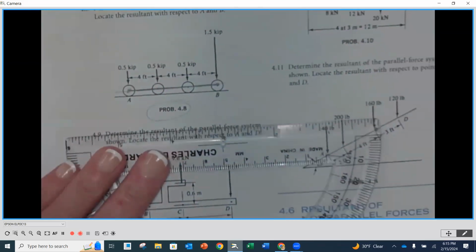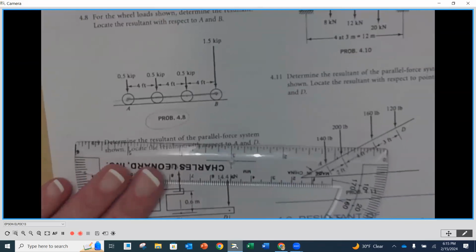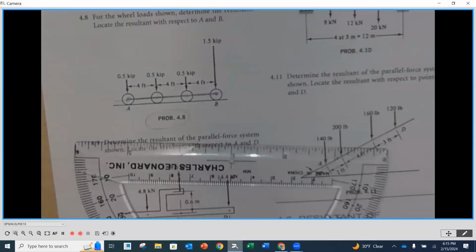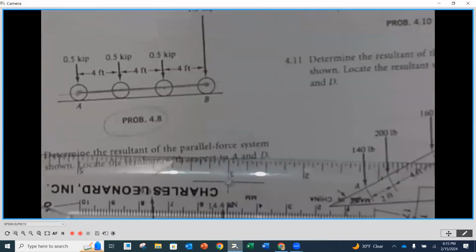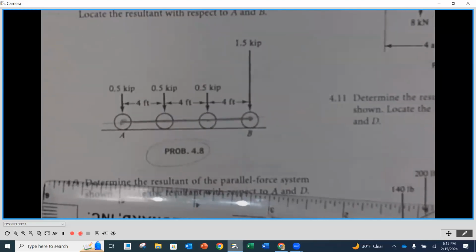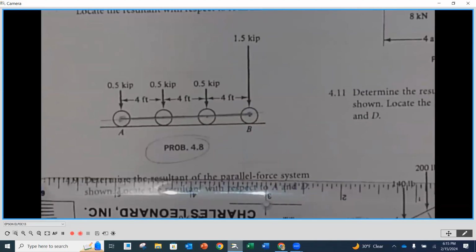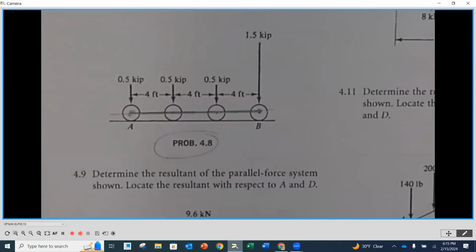I'm going to keep this up in case some of you don't have the handout handy so that you can see. I'm going to zoom in maybe 2 more times. How's that? So this is problem 4.8.